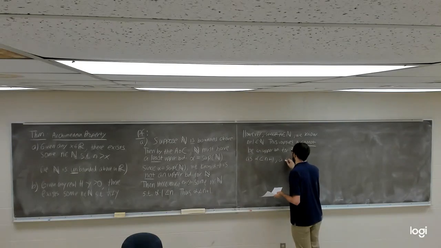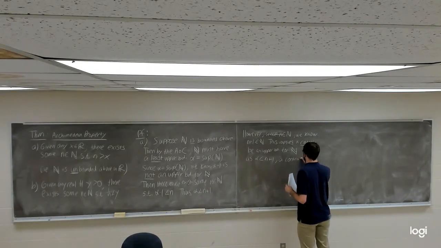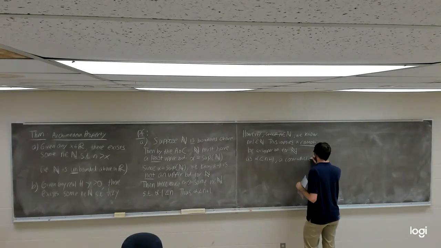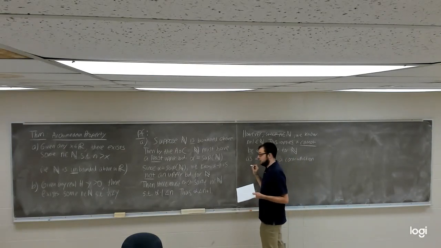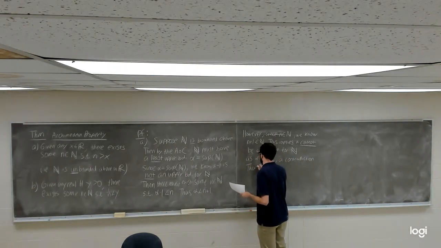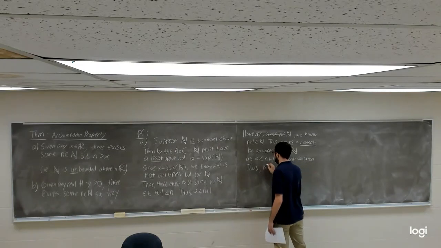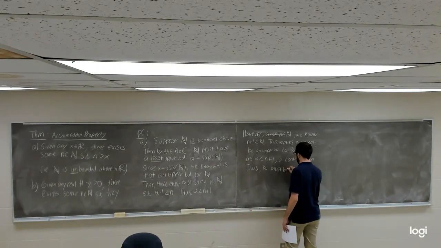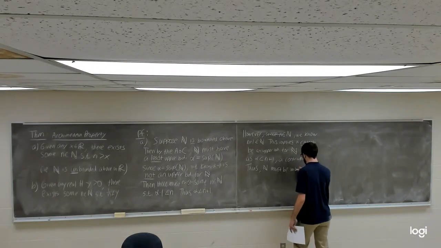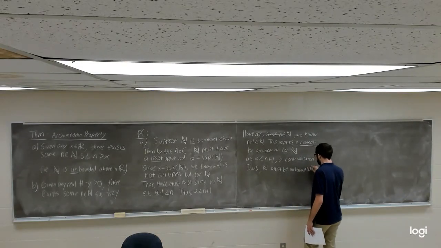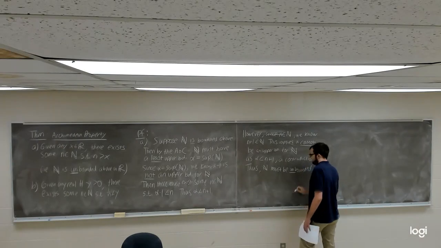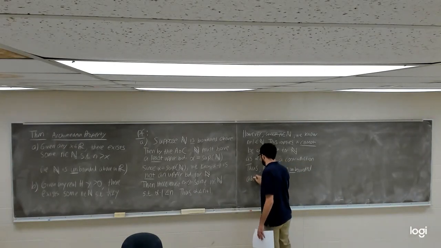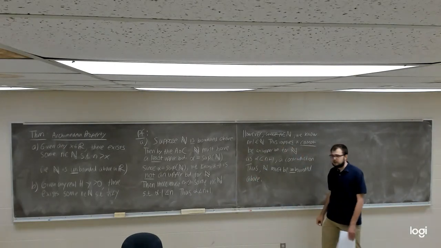And this gives us a contradiction. And we can conclude our proof then by saying thus, n must be unbounded above. There's our proof.